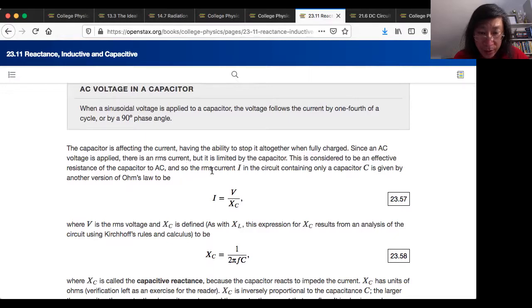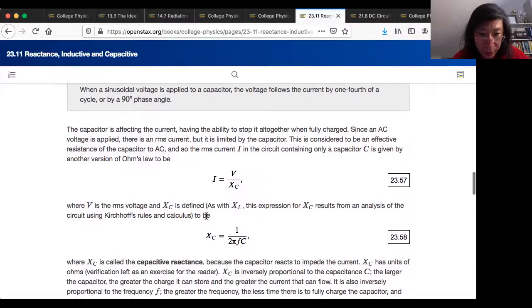The RMS current, the root mean square current in a circuit that contains only a capacitor, gives another kind of thing. It's capacitive reactance as opposed to inductive reactance, but you have the same basic effect. You have 2 pi f times the capacitance. But notice this is the reciprocal, because there's that lagging, the 90-degree phase is in the other direction.